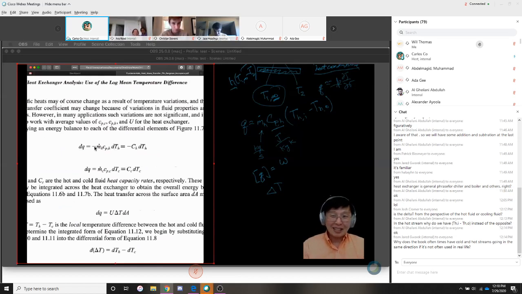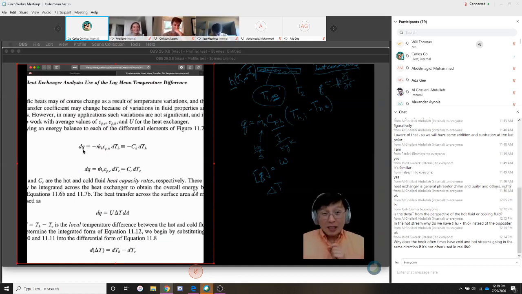Notice there's a negative sign there. Why? Because if the temperature of the hot stream decreases, dTH is negative. Negative gives you positive, so dQ is positive. There is heat exchange that went from the hot stream to the cold stream.